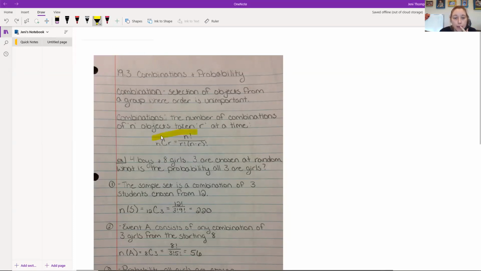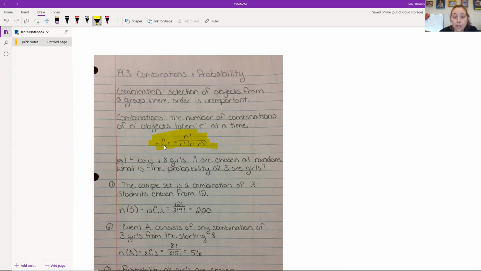Here's the formula that we use to find different numbers of combinations. This n on top with the exclamation point is called n factorial. Factorial means each number multiplied by the one behind it. So 5 factorial is 5 times 4 times 3 times 2 times 1.